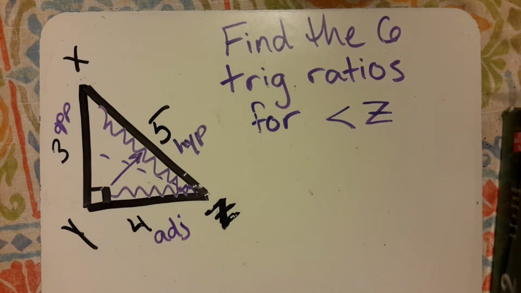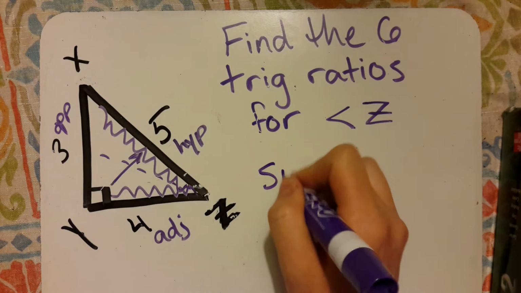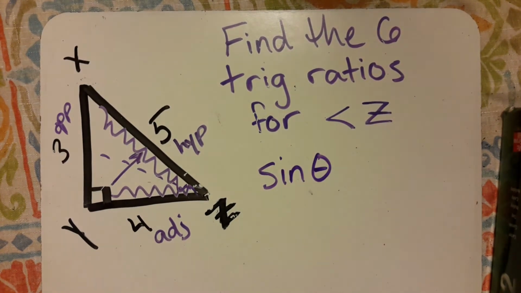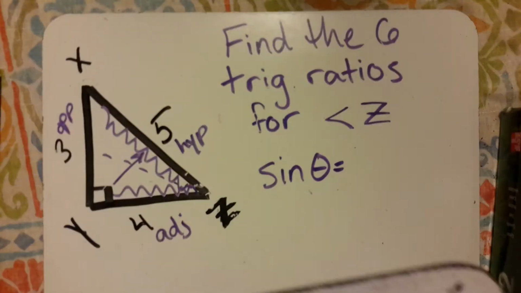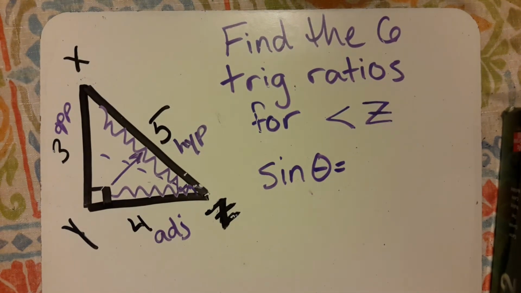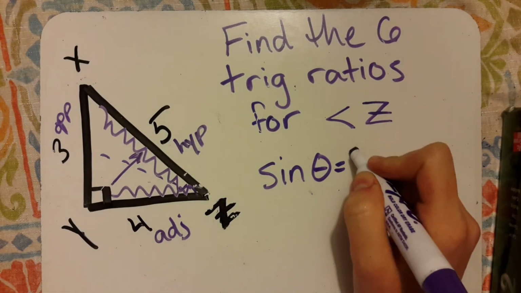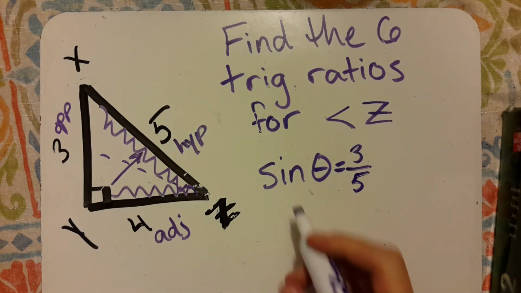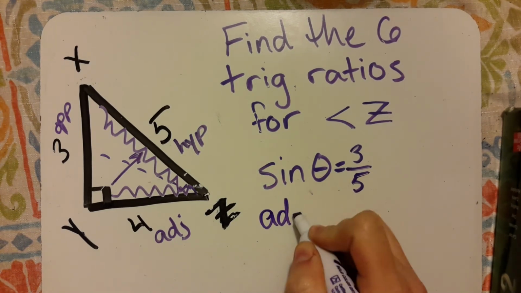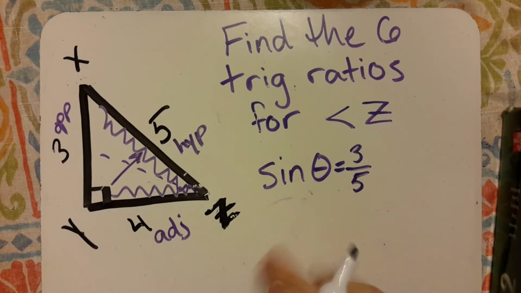So when I try to do the ratios, I have sine of theta, that's the angle, is going to equal the opposite over hypotenuse. If I'm following SOHCAHTOA, opposite divided by hypotenuse. Well, the opposite side this time is 3. Now, hypotenuse is 5. That's all you do. Just do it for all the ratios. Oh, I'm sorry, what am I doing?